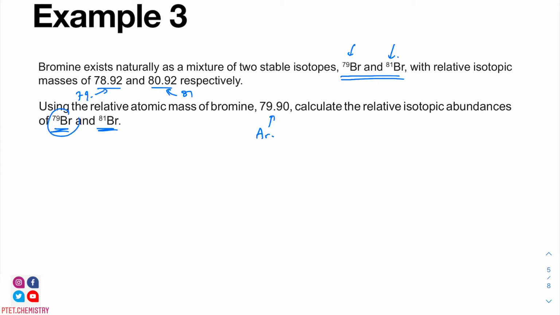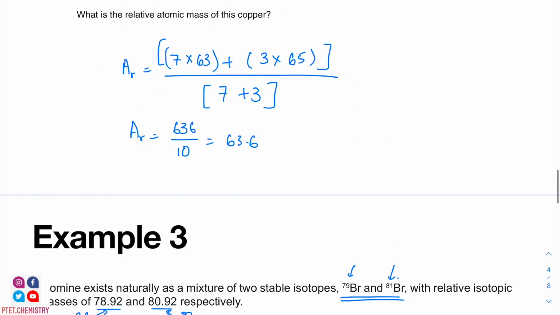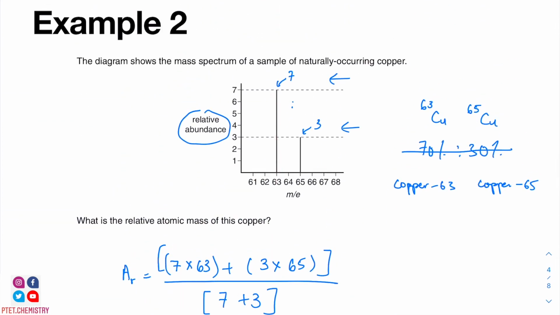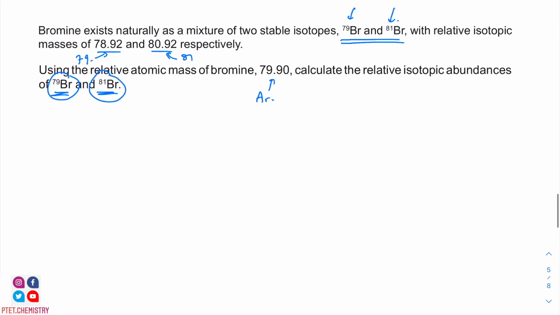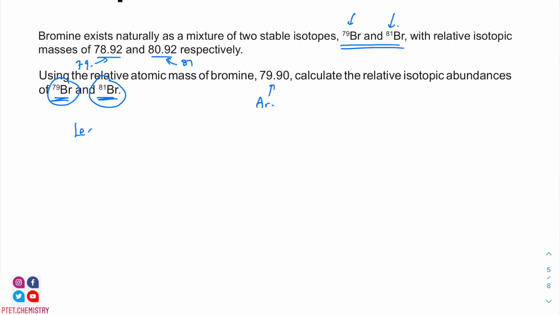They want the abundance of these two isotopes. If you only have two isotopes, if this is 70%, then this is 30%. If this is 30%, this is 70%, because there are only two things in there, all right? Same with bromine. Okay, so you need to let something be something. Let the percentage abundance of 79 bromine be X. Could I have used 81 bromine?